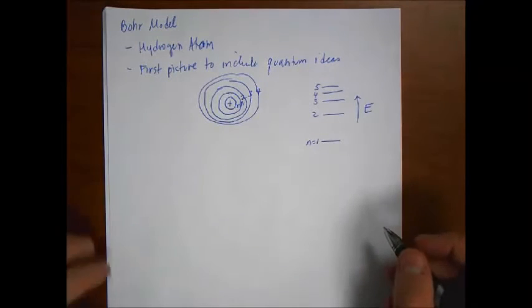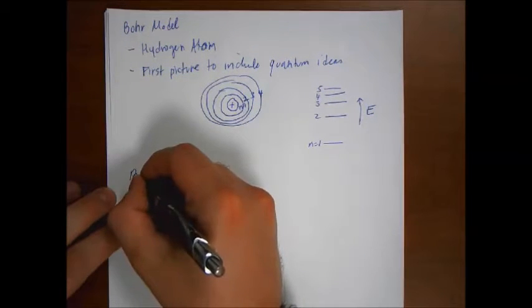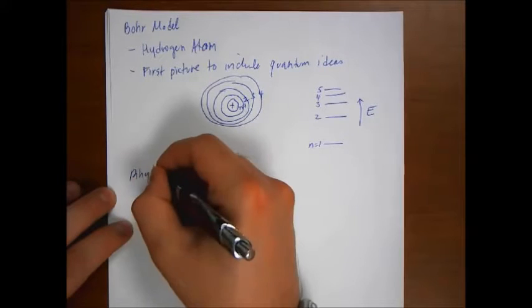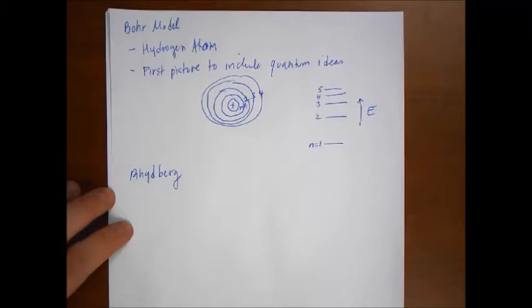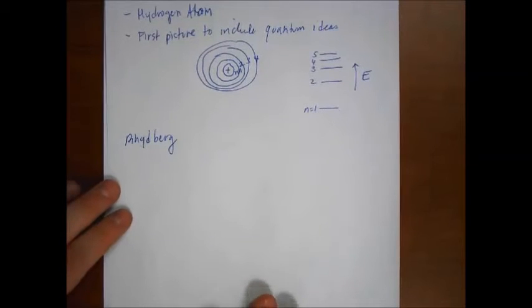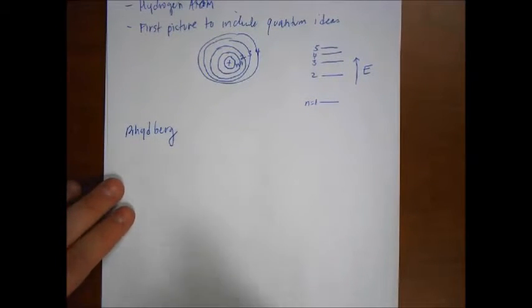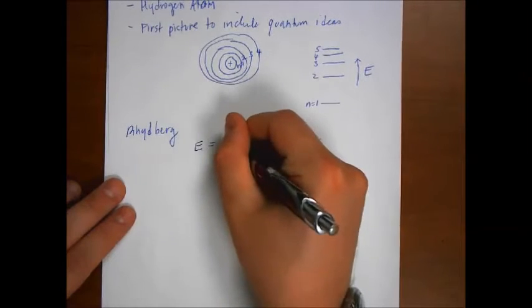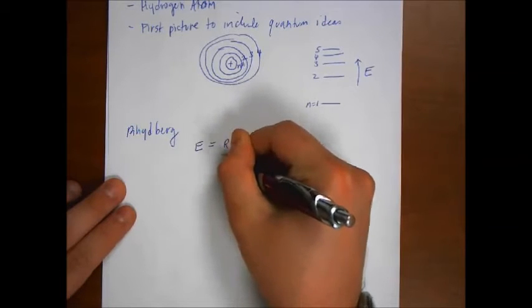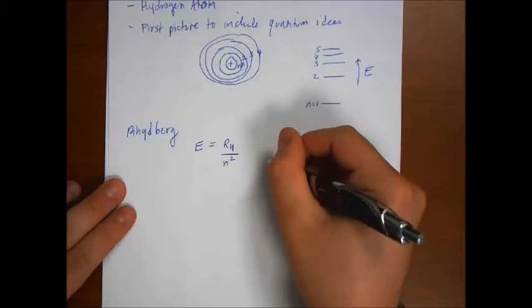Now, if you remember, the next person that we talked about was Rydberg. He was the one that actually calculated the energies of the electron. He said that if an electron is in an orbital in the hydrogen atom, its energy is equal to minus the Rydberg constant divided by its quantum number squared.